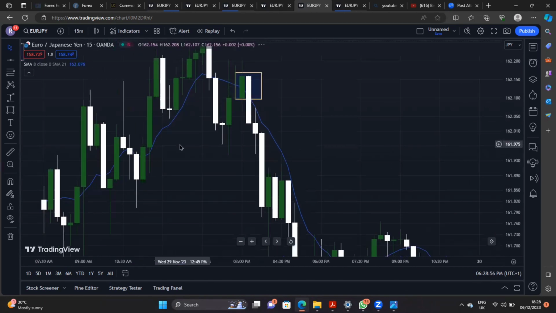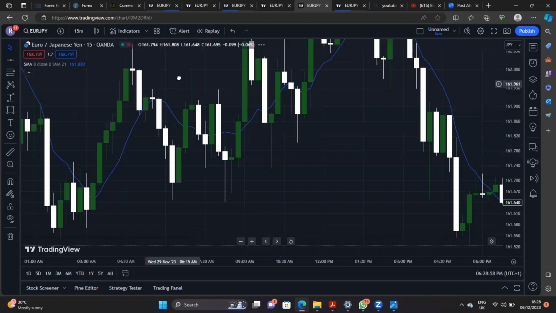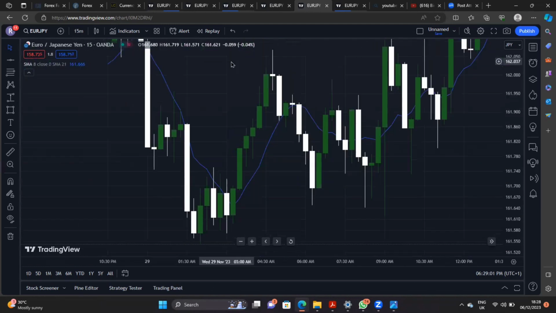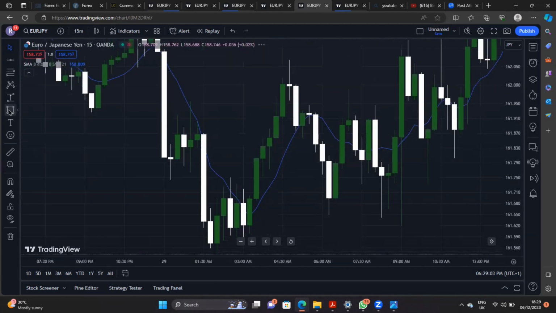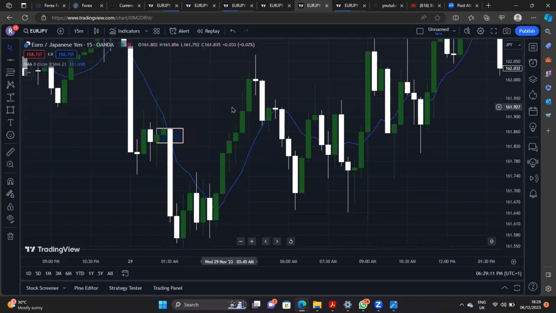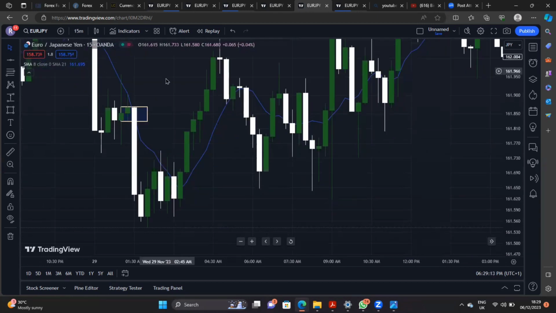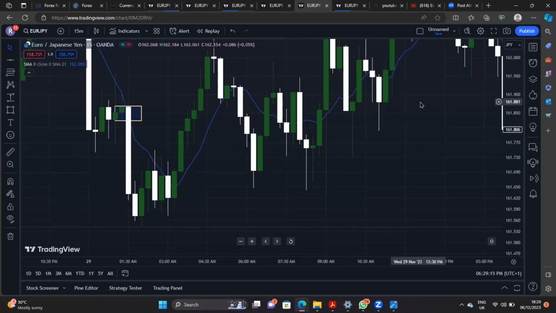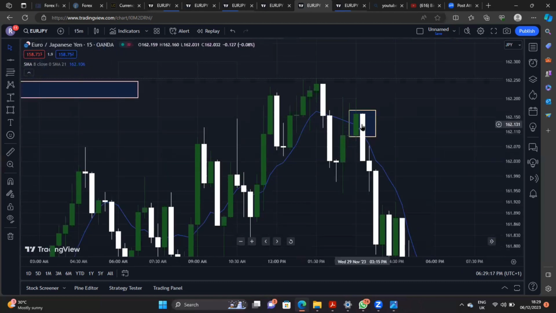This is what bearish engulfing looks like, and this is how they appear on your chart.